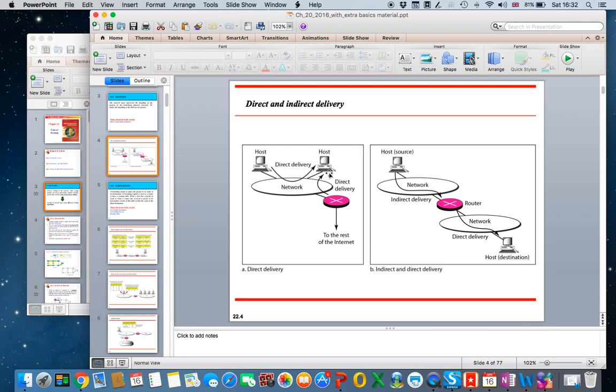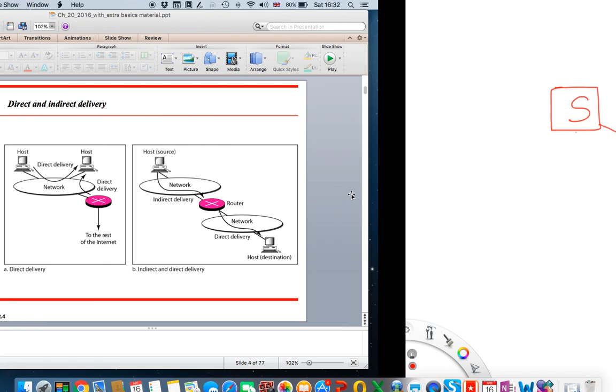Delivery of information is straightforward in this case. The packets don't need to go outside the network. This is the gateway router for the network. But because the source and the destination are both inside the same network, we don't need to make use of this gateway router. This is direct delivery.